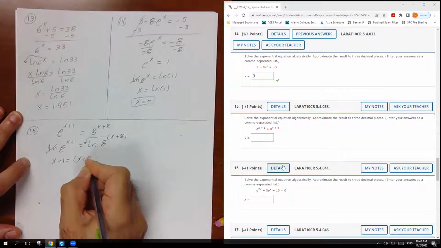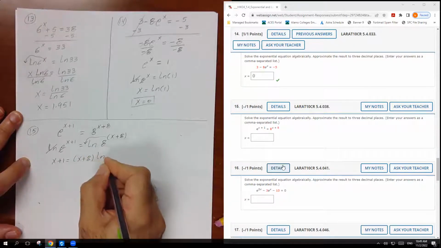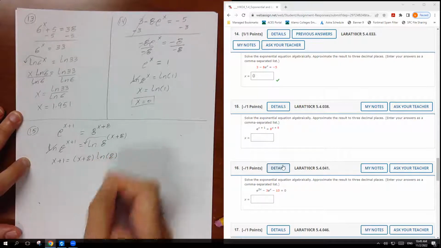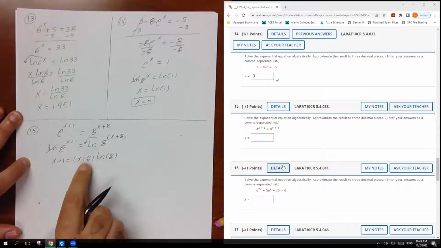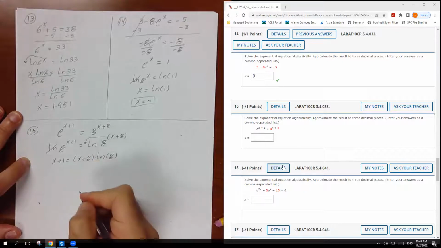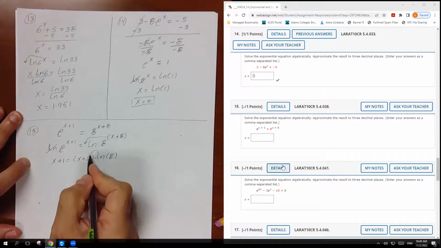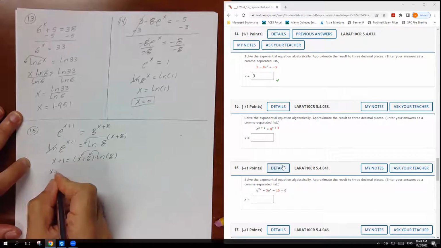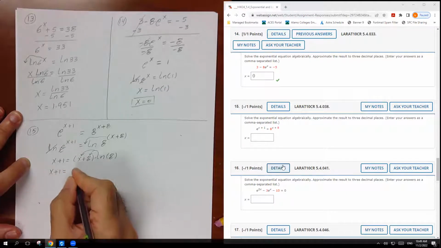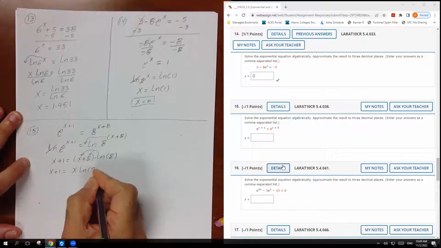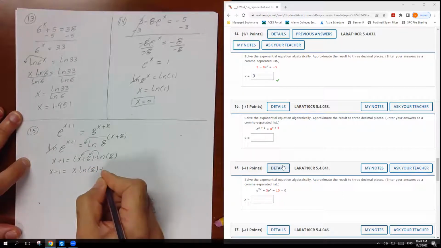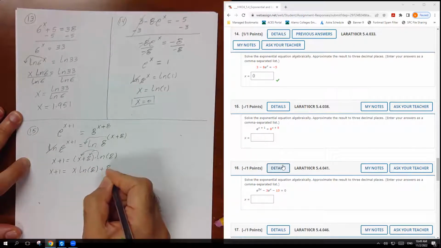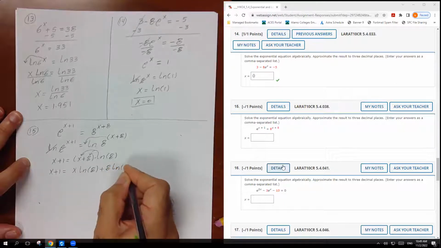So x plus 8, then ln 8. Parentheses, there's multiplication here. So I'm going to distribute the ln on these two terms. That means x plus 1 equal x ln 8 plus 8 ln 8.